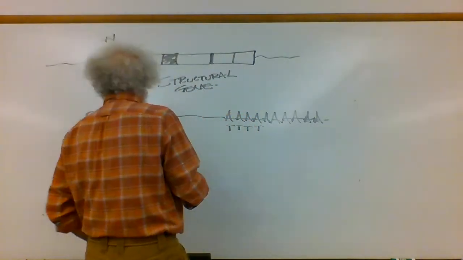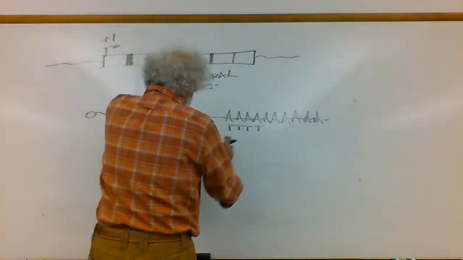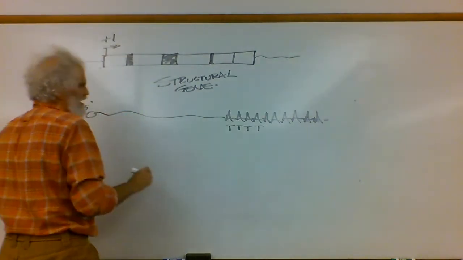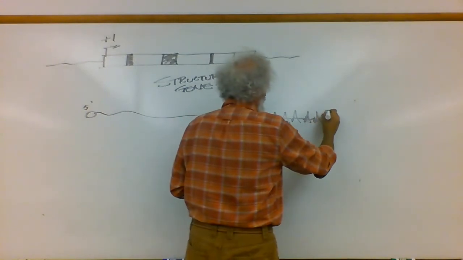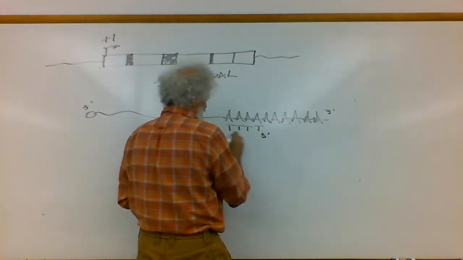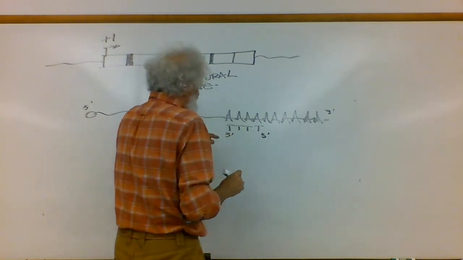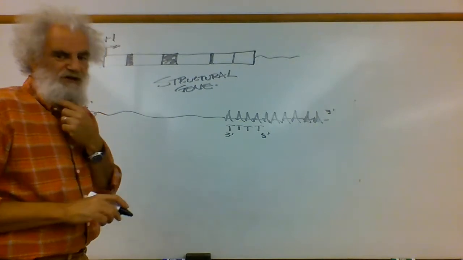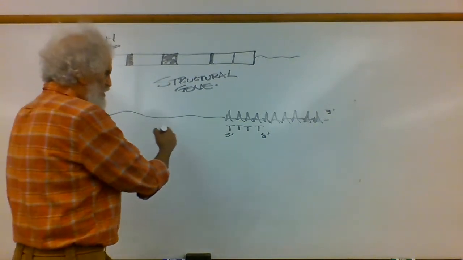And remember, it's going to be running in the opposite direction. This is the 5' end. This is the 3' hydroxyls here. This is anti-parallel 5' and 3'. And so we always polymerize in the direction of 5' to 3'.